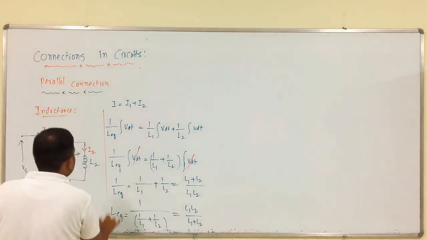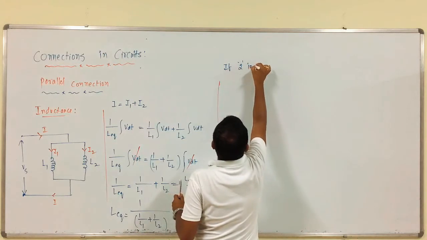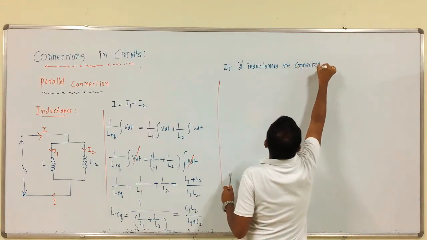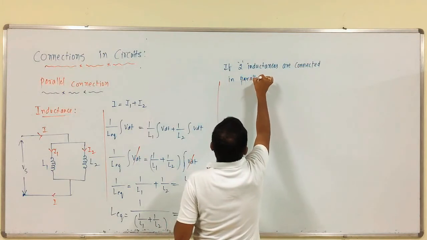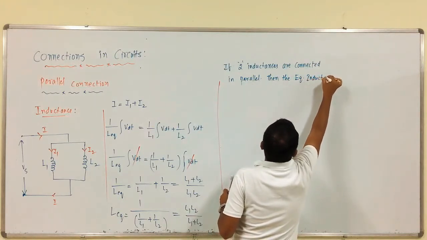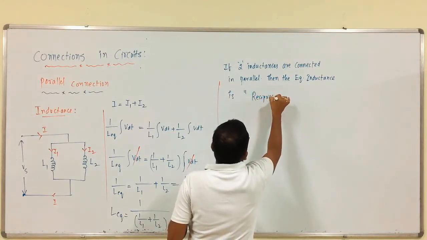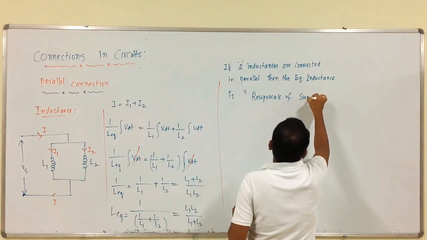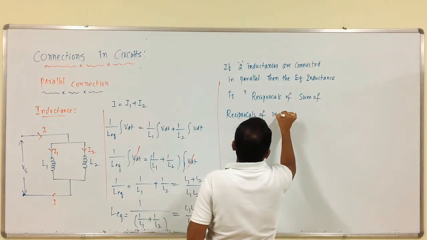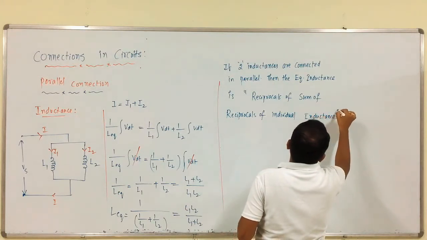Therefore, what is the statement? If two inductances are connected in parallel, then the equivalent inductance is the reciprocal of the sum of reciprocals of individual inductances, same as in the case of resistance.